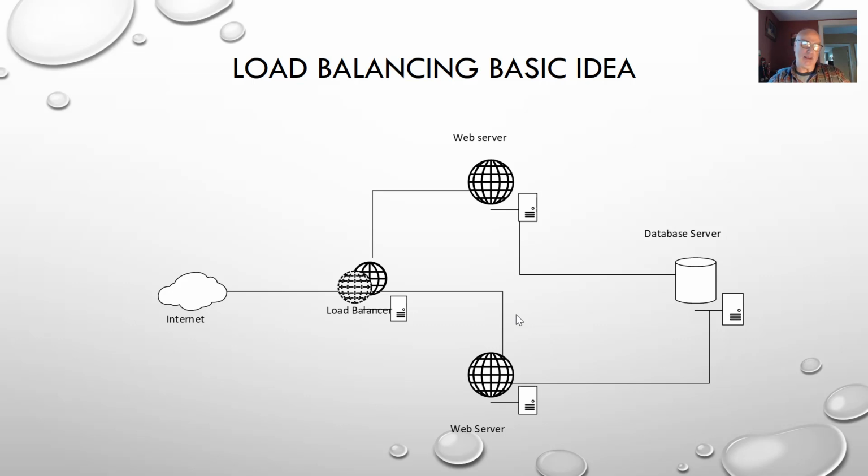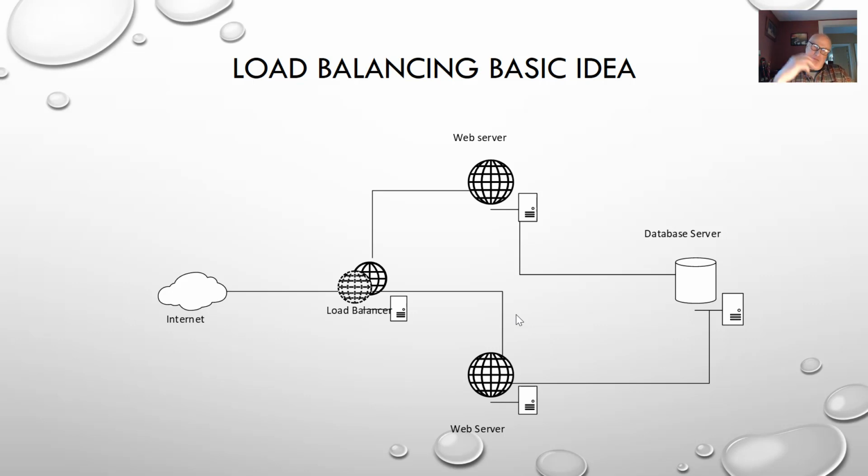But the question is, does the return traffic go back out through the load balancer? Well, it doesn't really have to. But if it did, why would you want to do that? Well, that would be a way to communicate to the load balancer the status of the devices behind it. If it didn't, then the load balancer would be receiving an incoming connection request and then just dumping it off to some server that it thinks is out there, but it really doesn't know.